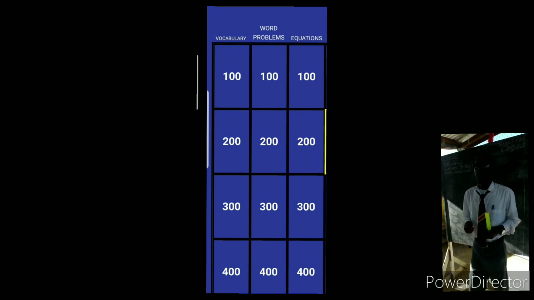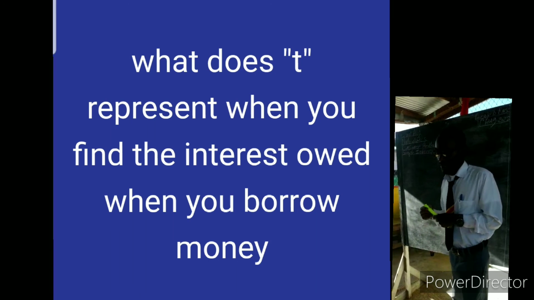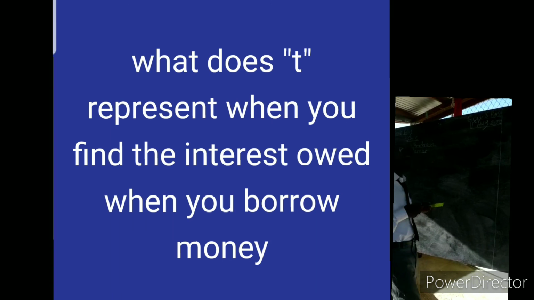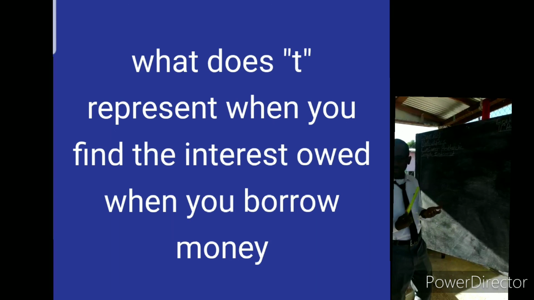If it's correct, we tell you. So, group 1, vocabulary 100. What does the T represent when borrowing, in the interest owed on the money borrowed? Well done, group 1. The T represents the time.